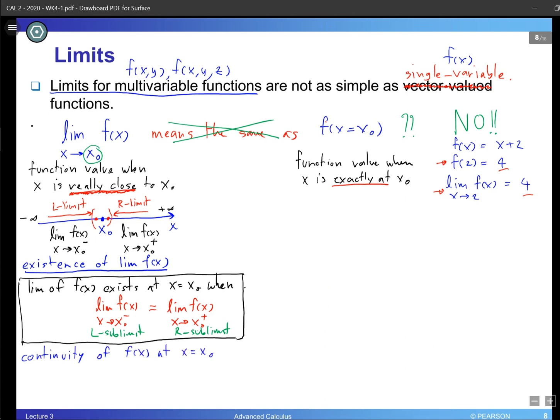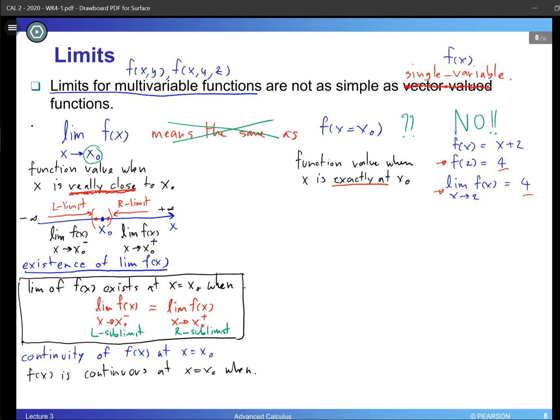So let's write that down here. f(x) is continuous, I hope I have enough space for this, continuous at a certain point right here, x equal to x0, when, and we are going to have some conditions right here. And it turns out to be quite exactly the same as the one above.